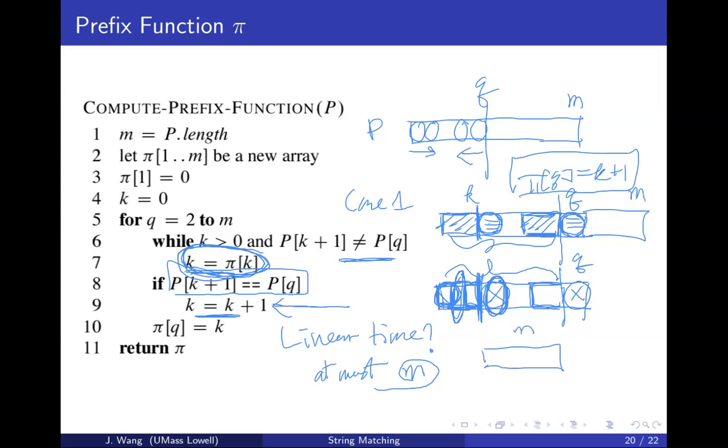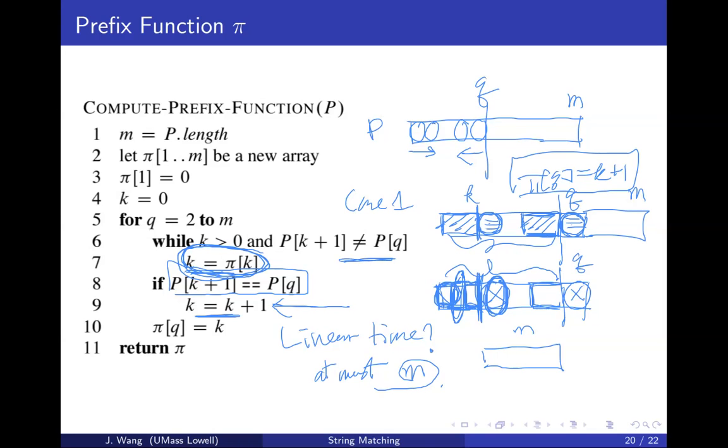Now the decreasing: each time you decrease, you later increase back, and you have at most m times increasing. You decrease and later on you increase, then you decrease and later on you increase. You count the total number of increasing, that's m. So the total number of decreasing cannot be more than m. That's the important part.